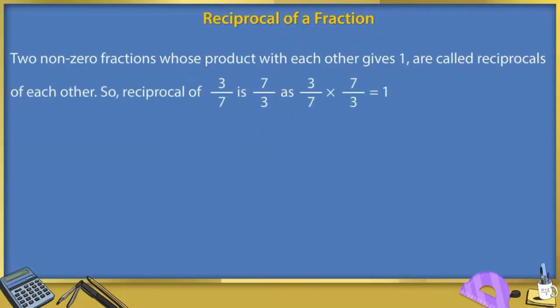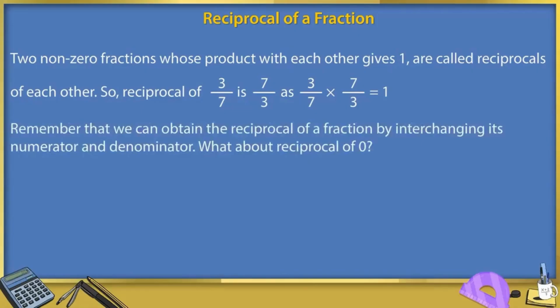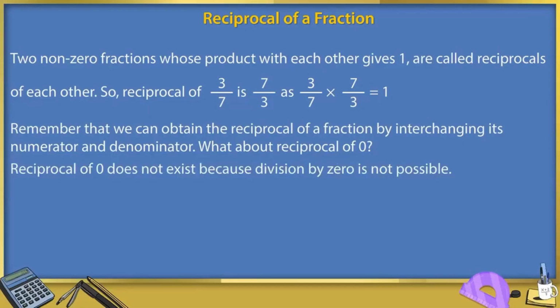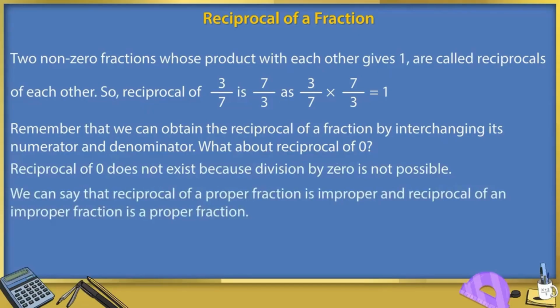So, reciprocal of 3 by 7 is 7 by 3, as 3 by 7 into 7 by 3 is equal to 1. Remember that we can obtain the reciprocal of a fraction by interchanging its numerator and denominator. What about the reciprocal of 0? Reciprocal of 0 does not exist because division by 0 is not possible. We can say that the reciprocal of a proper fraction is improper and the reciprocal of an improper fraction is a proper fraction.